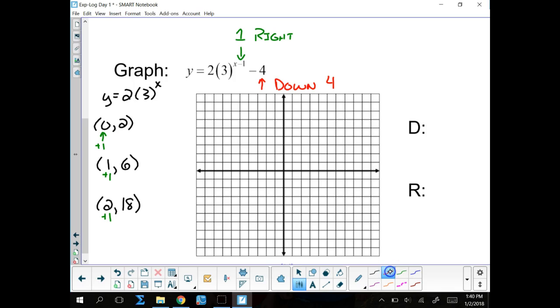Y. And I'm going to subtract 4. So the point on my translated graph goes to the point (1, -2).